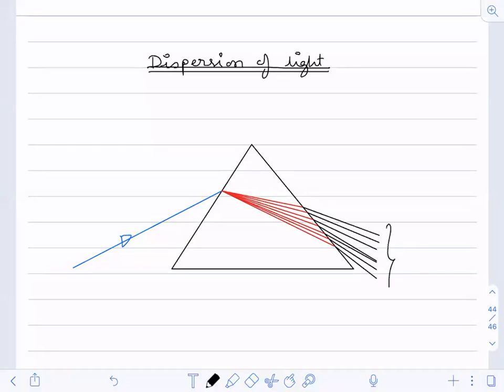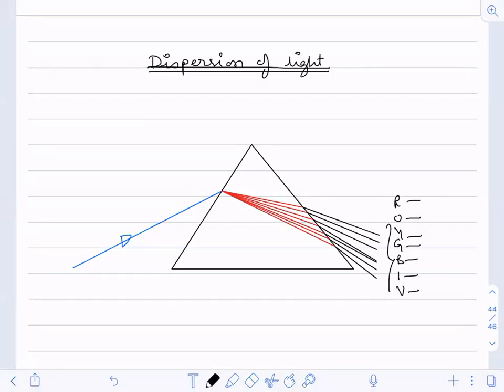So this is VIBGYOR, the pattern that you will get. And what are the colors? That you should know: violet, indigo, blue, green, yellow, orange, and red. I hope all of you know the names. So this is dispersion.